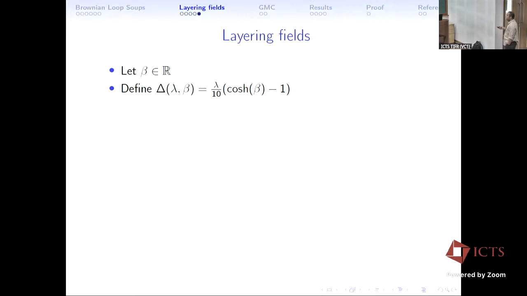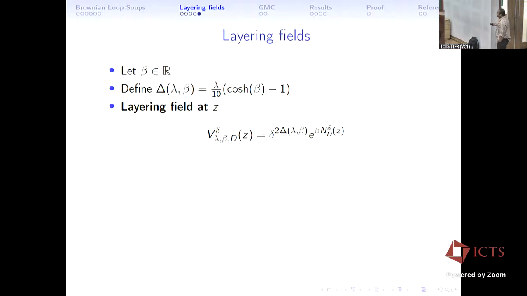So again, I need some notations. So beta is a real number, delta is just this quantity. Yeah, I don't have anything to say about this, but the layering field is e to the power beta n delta z times delta to the power 2 big delta lambda beta. So that's the main object that I want to study.